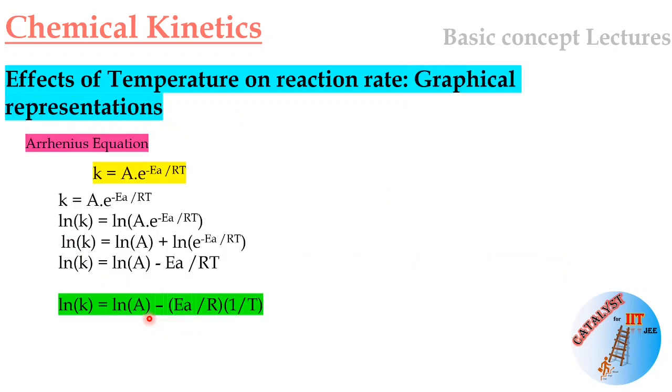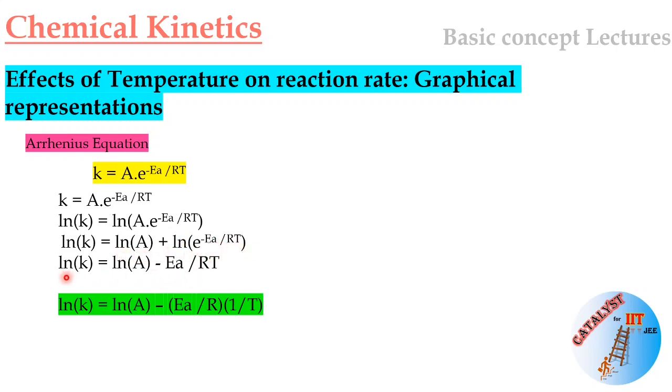So if you want to see it in a graphical representation, this is the Arrhenius equation, you all know now. If you take ln on both sides, you see ln k equals ln of this part. Now if you break it down, it gives you ln A plus ln e to the power minus Ea by RT.